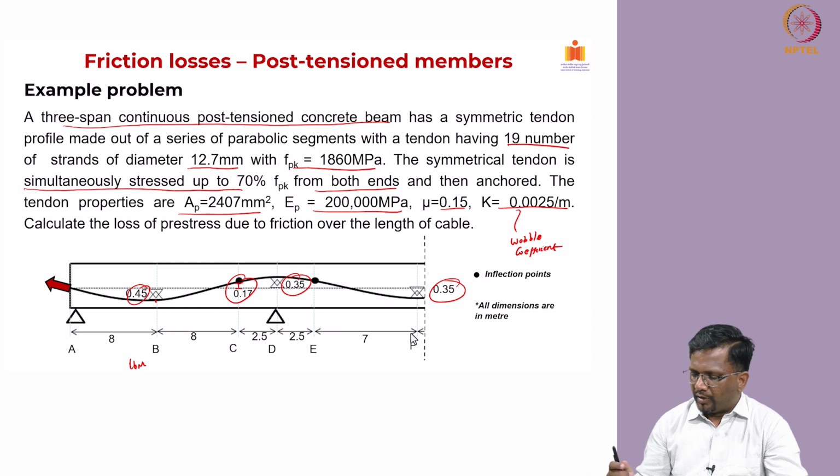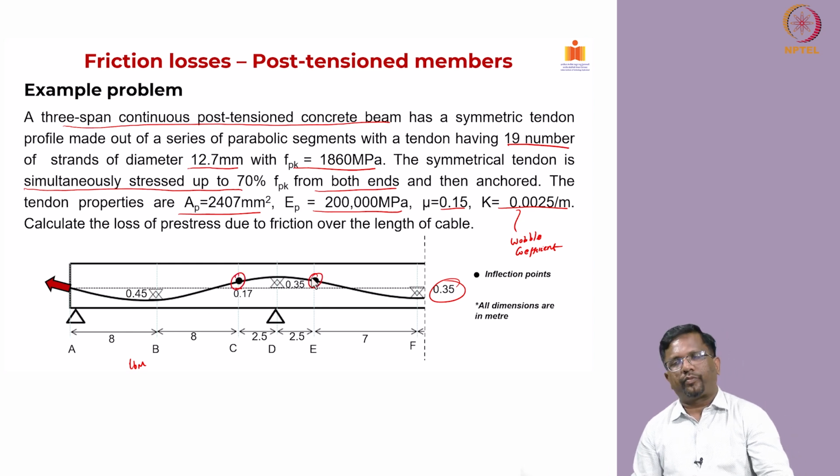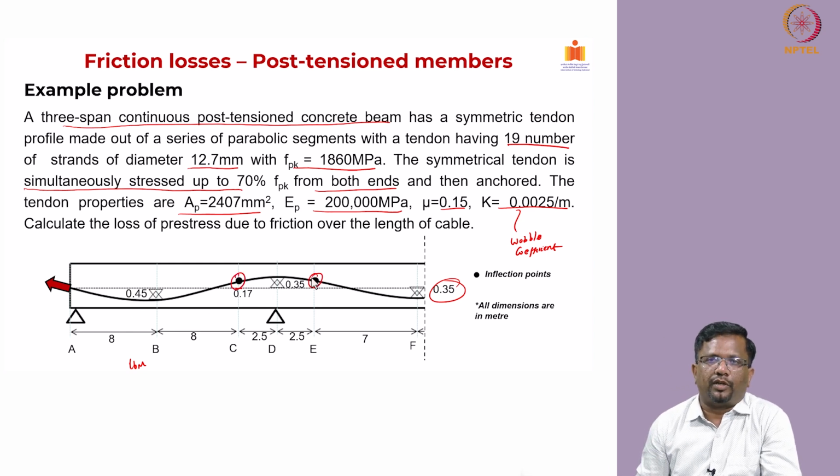The black dot points are your inflection points, where the slope is changing its curvature. For this particular beam, we are going to look at what the friction losses are.